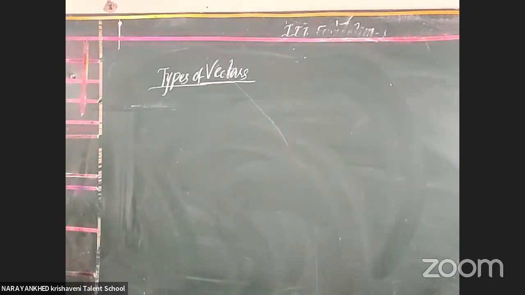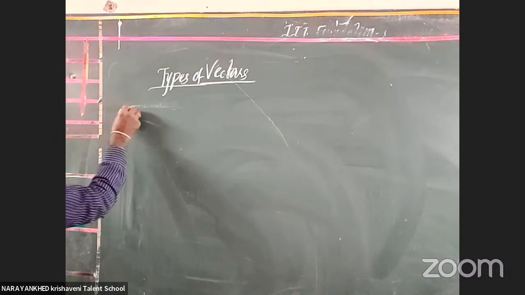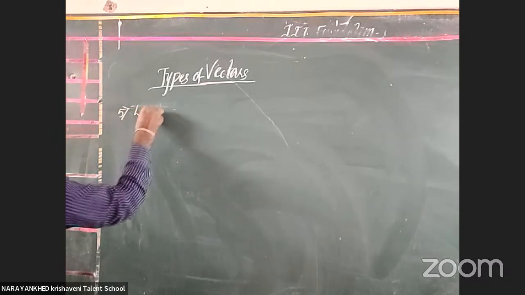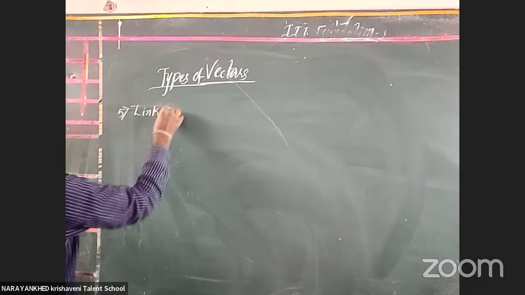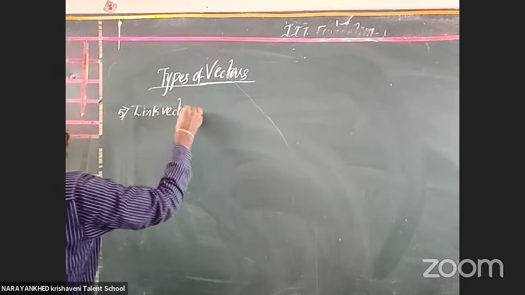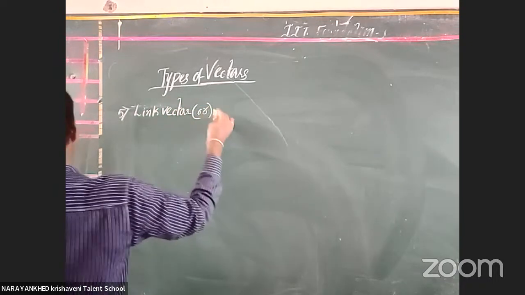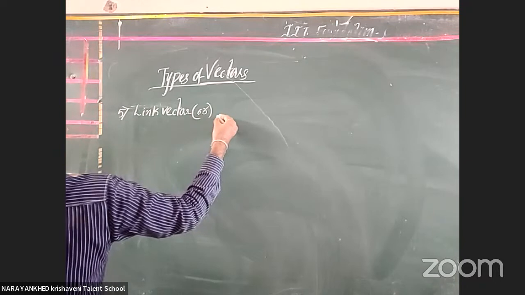There are the co-initial vector, the coterminous vector and the coplanar vector, and we also completed the non-coplanar vector and equal vectors. Next, the 5th vector is the like vector or a parallel vector.